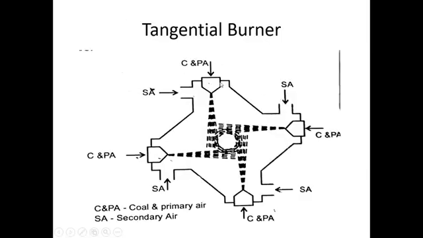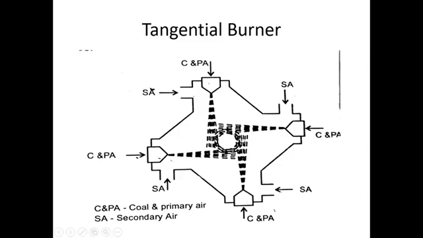So that is the main advantage here. The tangential burner is like this. C plus PA means coal, meaning pulverized coal, and primary air. This will be supplied from four sides like this. You can see here that they make a right angle on all four sides. So from different directions, they will create a swirl in the middle, like this.